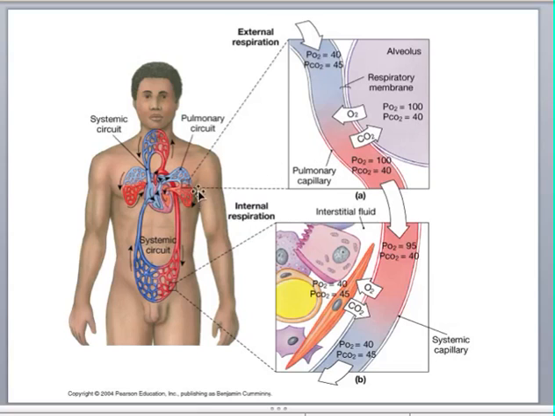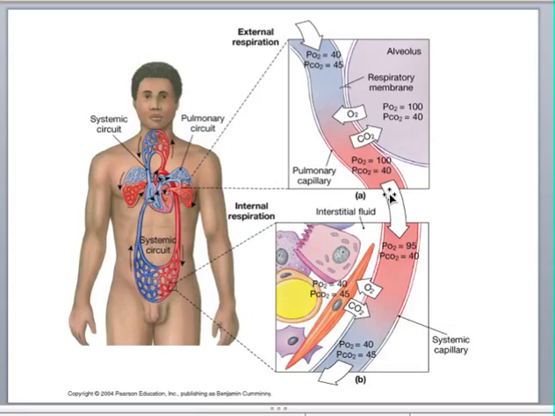So let's say now the blood is going to return to your heart, the left atrium. It's going to come back down to the left ventricle, then it's going to go out to all your body tissues. And let's say now we're going to take a little snapshot of what's happening at a systemic capillary. So now here comes the blood.